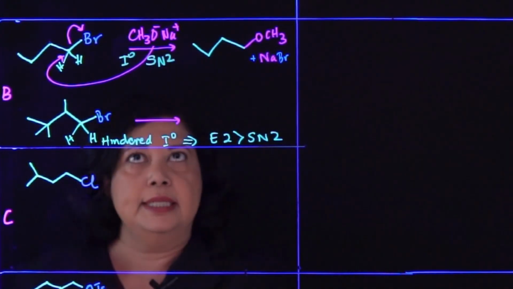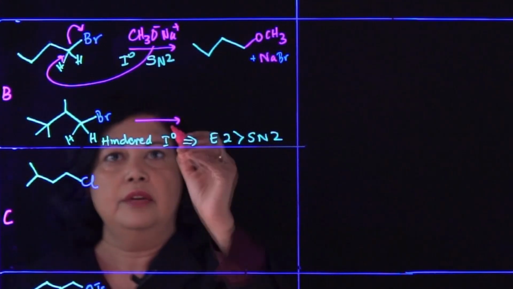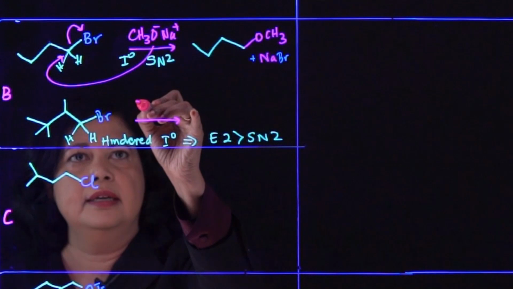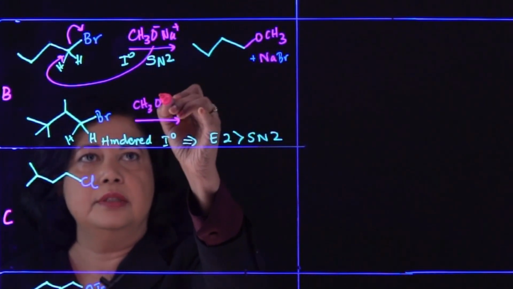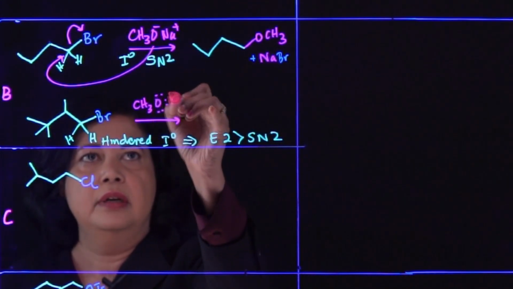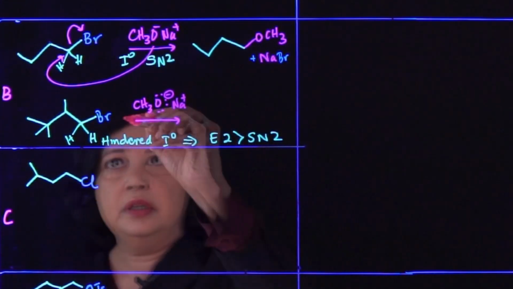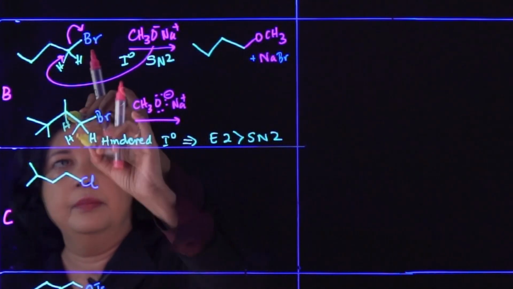Primary with a small base and small nucleophile. If you have the same, let's say, ethoxide or methoxide, or some base here, and you have a hindered primary, you could get E2.